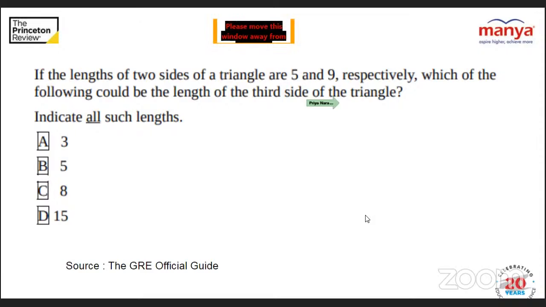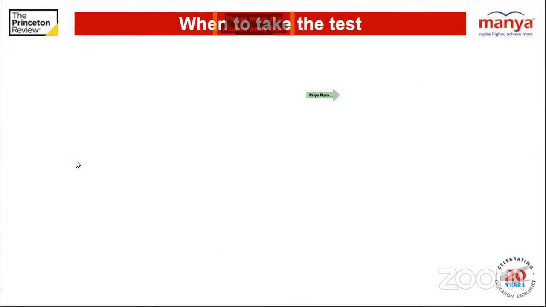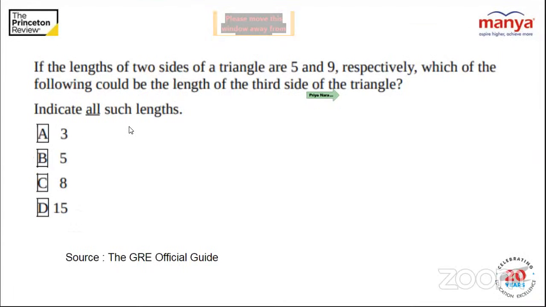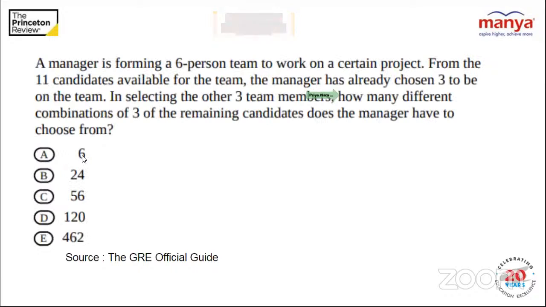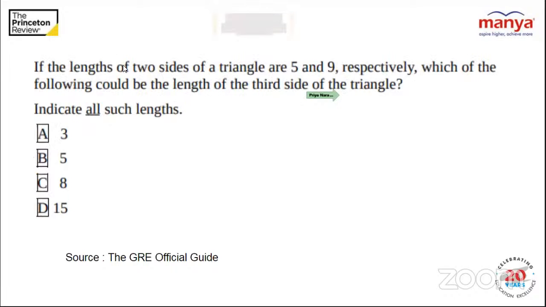So anywhere between 9 minus 5, which is 4, and 9 plus 5, which is 14. So the correct answers are 5 and 8.